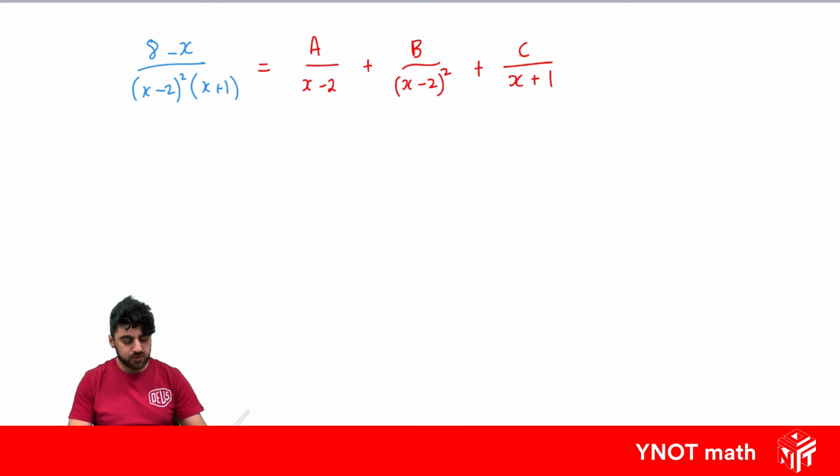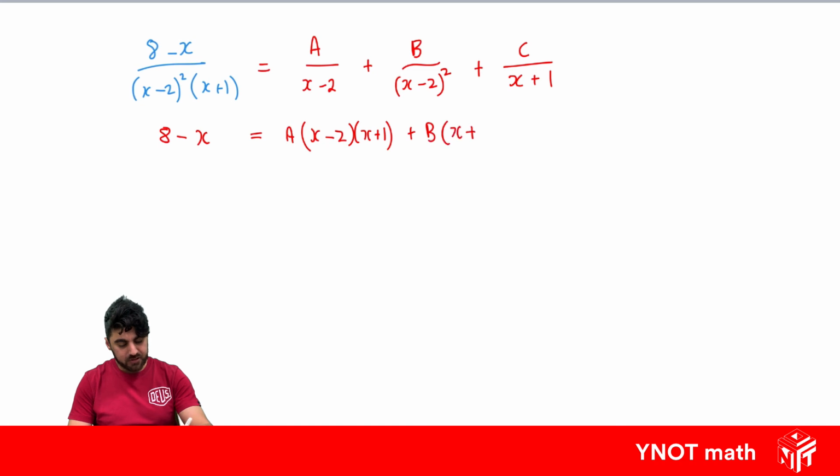From here, it's a similar process. We need to multiply everything by our denominator. So on the left, we're left with 8 minus x. On the right, we're left with a times one of the x minus 2's and the x plus 1, plus b times x plus 1, plus c times x minus 2 squared.